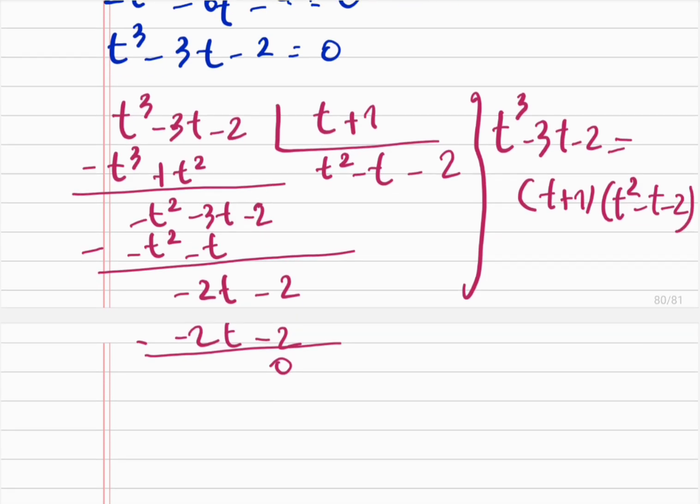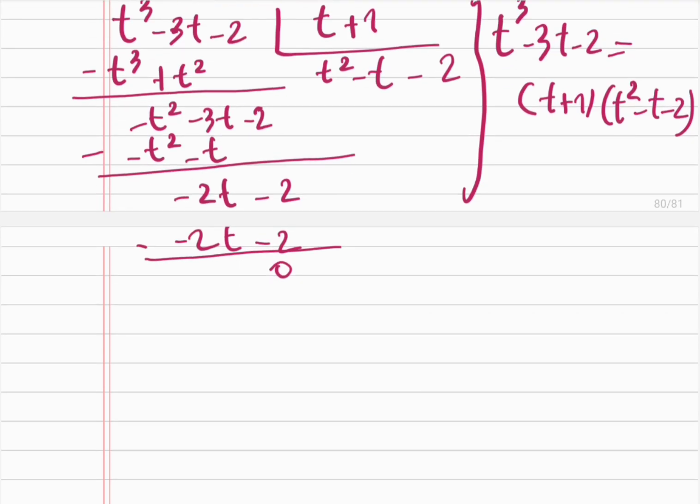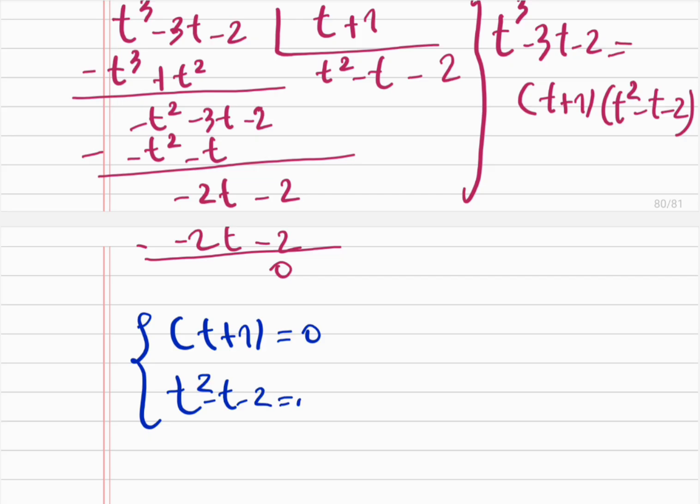Now, the whole point here is that when we factorize to a quadratic and a linear term, then solving these two separately is obviously very simple. And this allows us to find the values of t. So now, in order to solve this equation, there are two cases, right? Either t plus 1 is equal to 0, or t squared minus t minus 2 is equal to 0. But we already knew this one. So one of the solutions is -1.